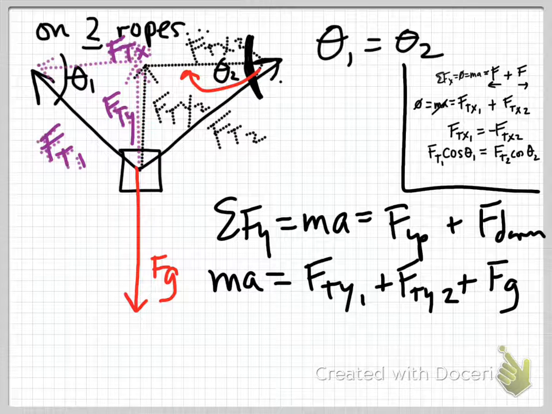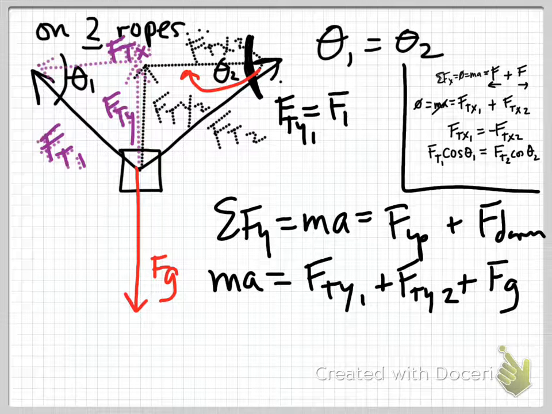So, let's get our expressions completed for FT. Sometimes I complete my expressions and set them aside. So FTY1 would be FT1 sine theta 1. FTY2 would be FT2 sine theta 2.